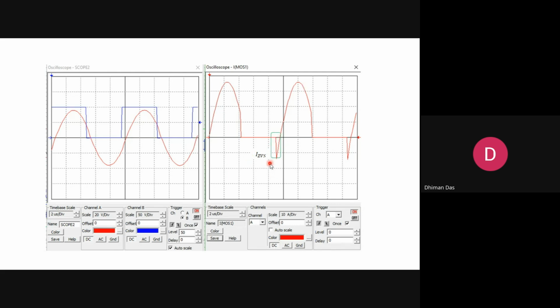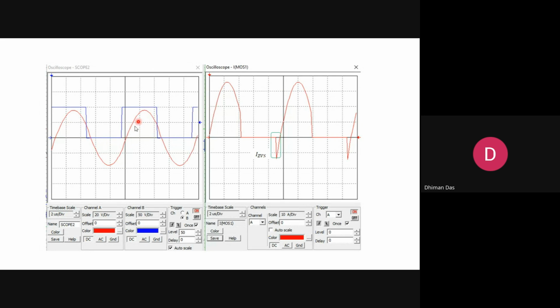So this negative current is charging the capacitor. When the capacitor is charged, your body diode will start to conduct. Now when your body diode starts to conduct, you need to turn on the switch. That is called zero voltage switching or zero voltage transition. In the LLC converter, it happens naturally.